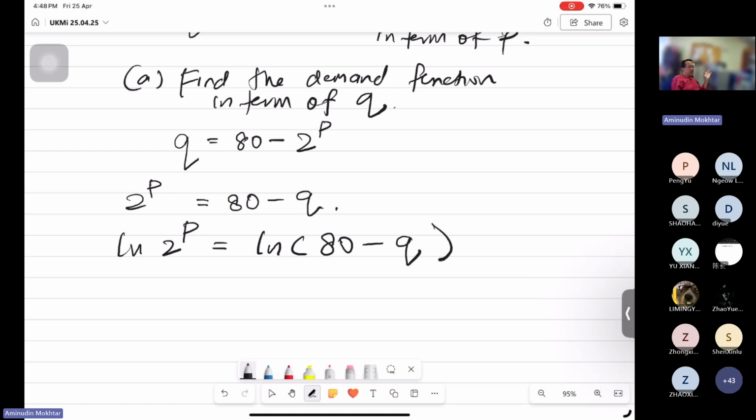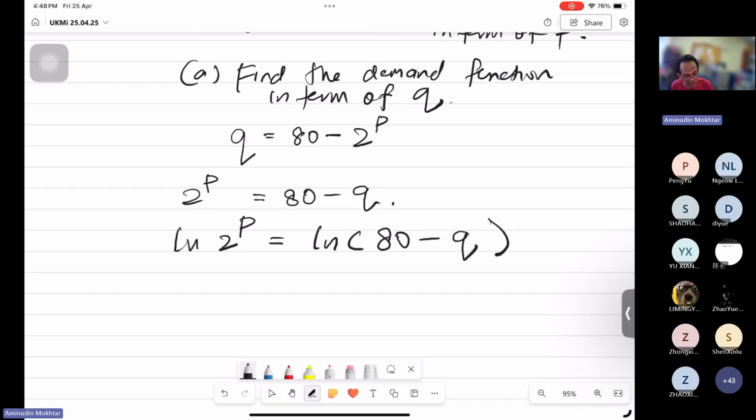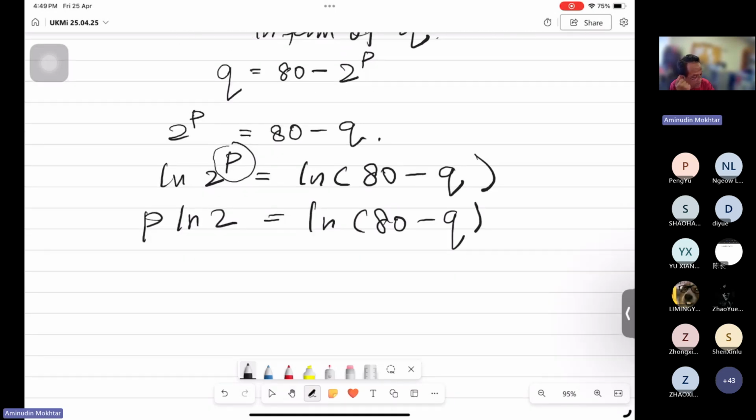Since P is the power of 2, we can write ln 2 to the power of P is equal to P ln 2, and ln of 18 minus Q.